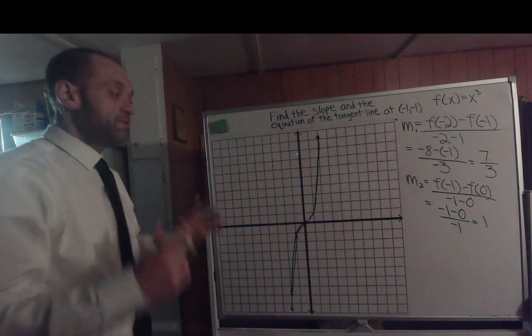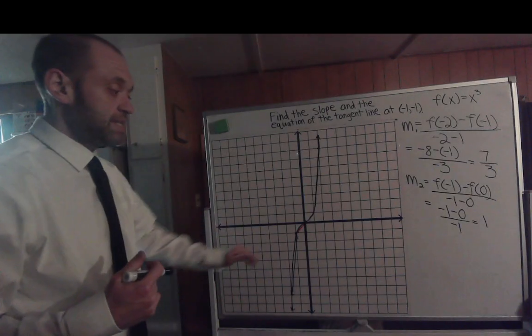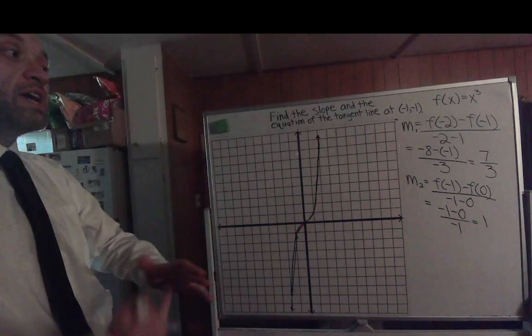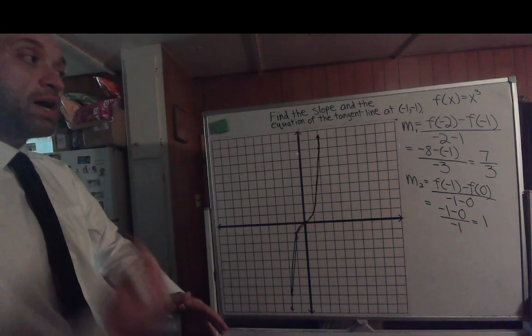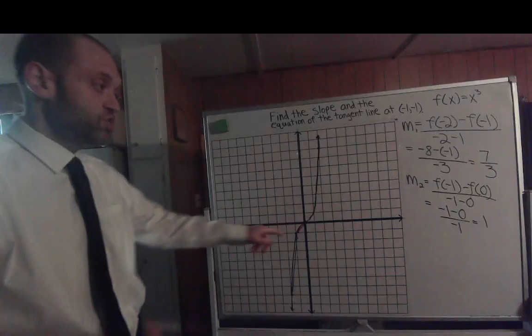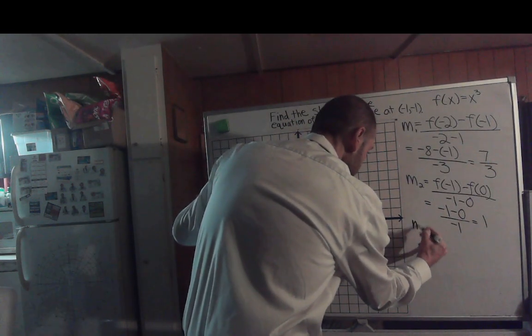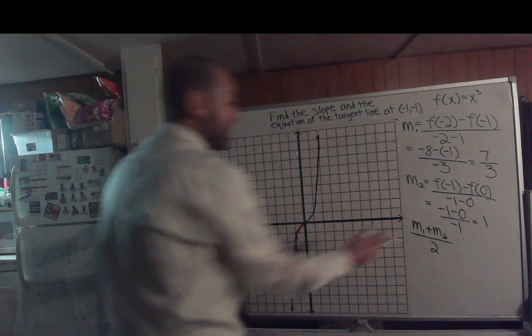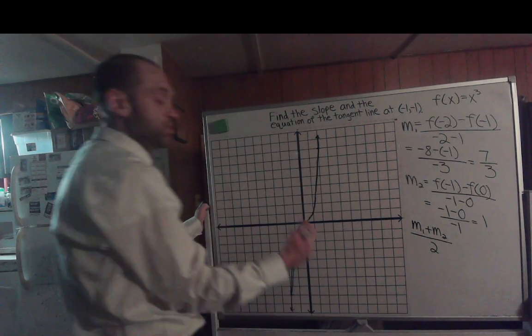If I want to find an approximation for my tangent line, what I need to do is take the slope of these two secant lines and take the average of them. So I have to take the average of the slopes of my two secant lines.